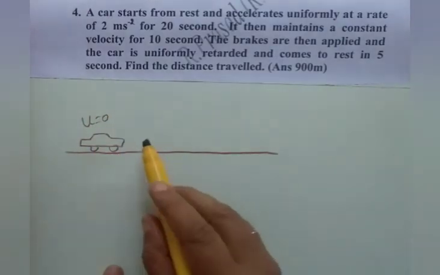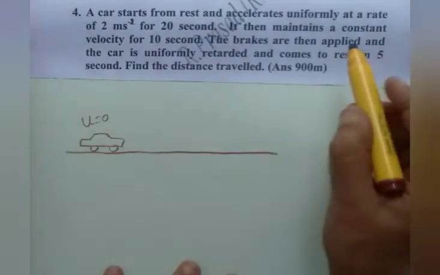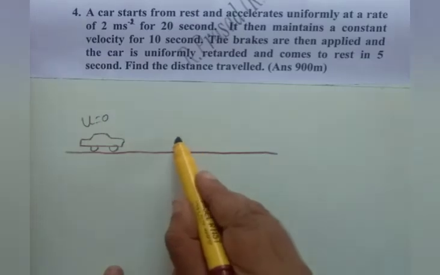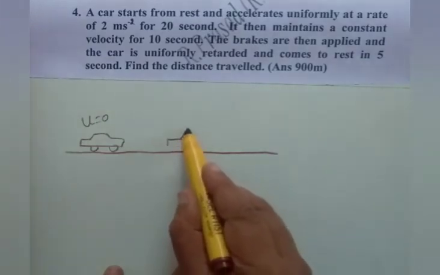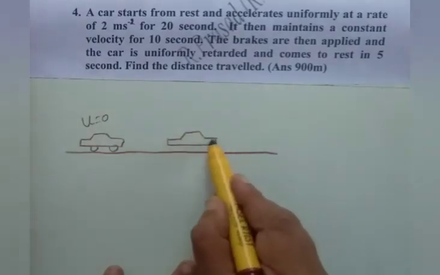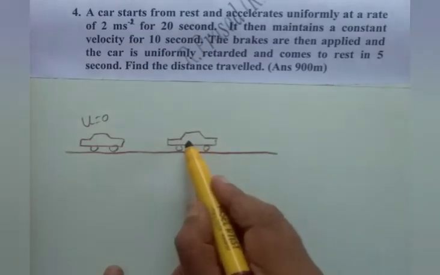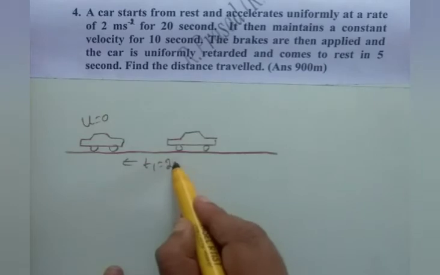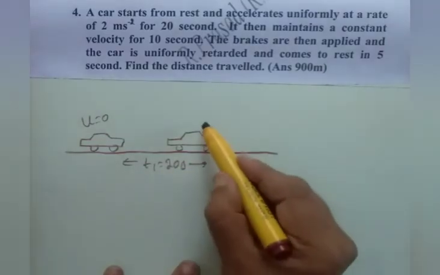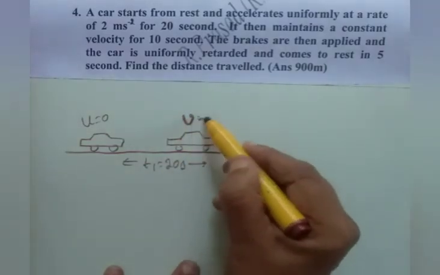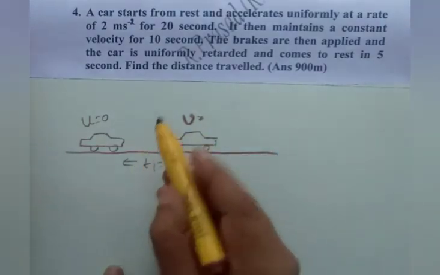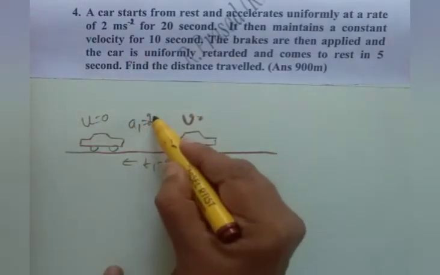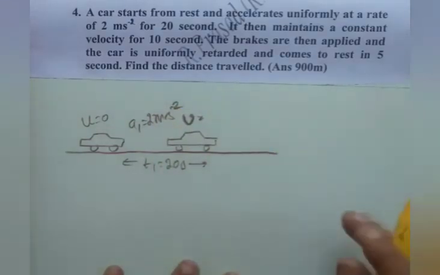Now, it moves at the rate of 2 meters per second square, so it gets accelerated up to 20 seconds. After 20 seconds from the start, it is at this position. This time I call t1, 20 seconds. It acquires some velocity v, at the rate of, that means a1 I call, 2 meters per second square.